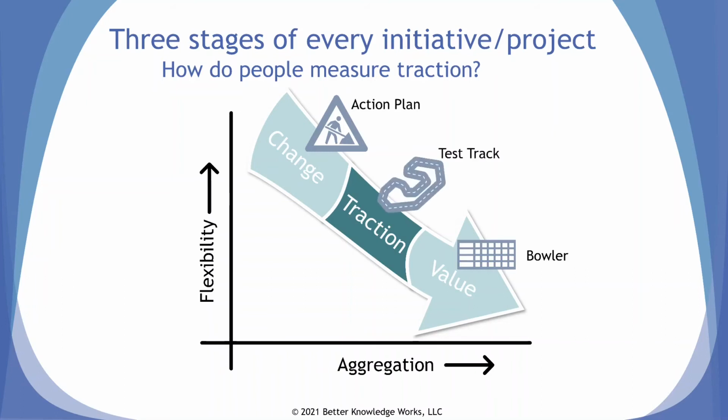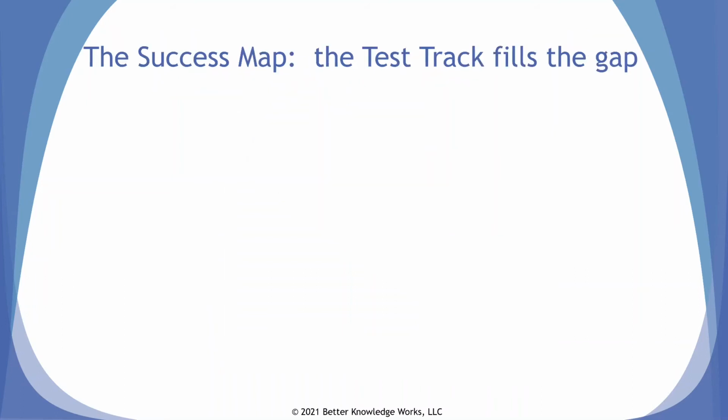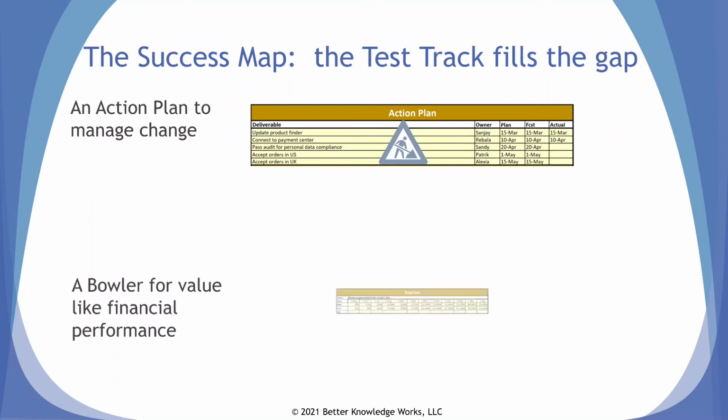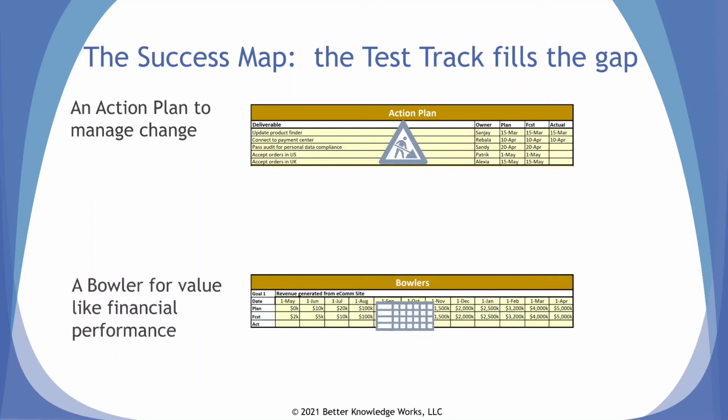Enter the test track. A success map uses a test track to create a systematic way to monitor a project through 3 stages of maturity. Here's a sample. An action plan to track how we change a website for medical devices marketed to hospitals. A bowler to track revenue generated over the first year. Between those two is a wide gap.